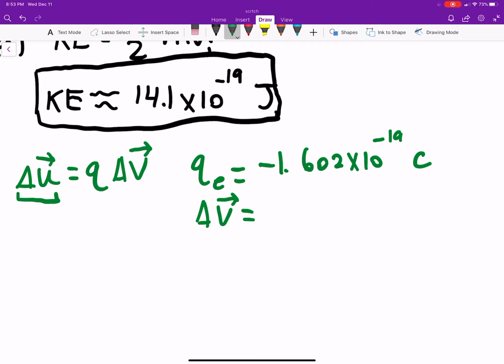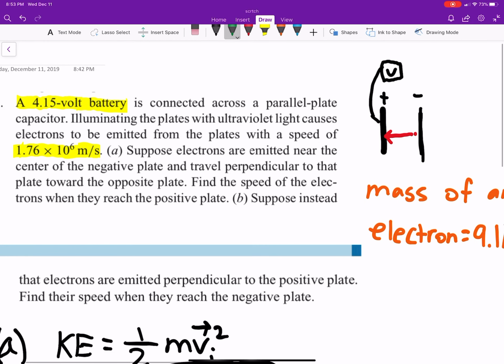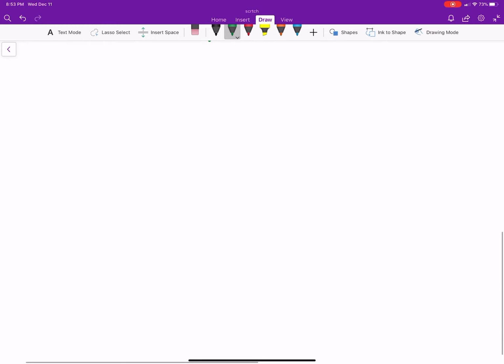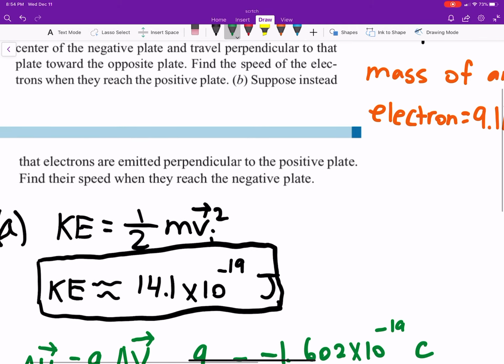Well, we're going from the negative plate to the positive plate. So when you go from negative to positive for the electron, you're getting higher potential. So in that case, it'll be positive 4.5 volts. Now, when we flip it, you'll see that it'll be negative.